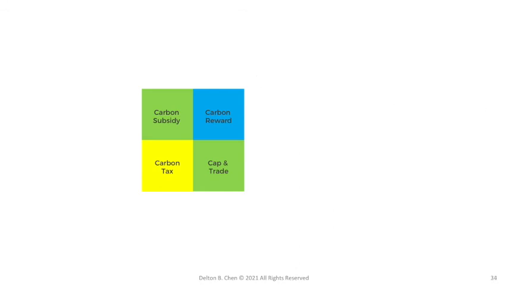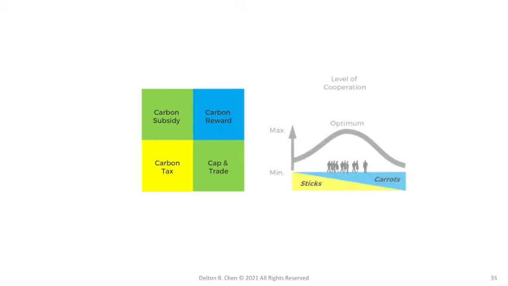Now that we've looked at the four policies, let's consider the carbon pricing matrix in terms of social science experiments on human cooperation. There are at least 3 published studies on the effects of carrot and stick incentives on human cooperation in competitive games. The finding is that a combination of carrots and sticks achieves an optimum level of cooperation amongst people.